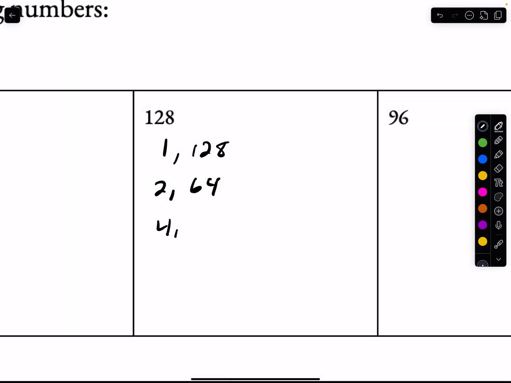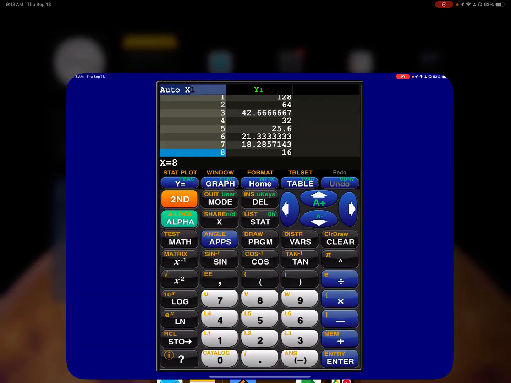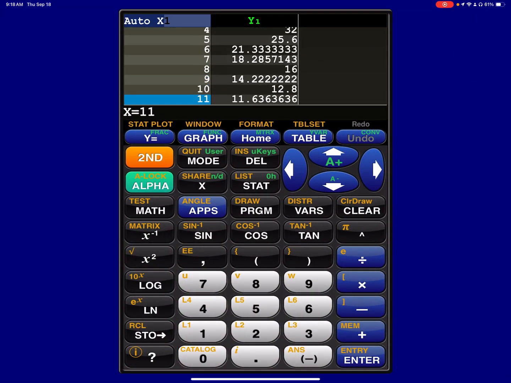Let's see if we have any more. No, that's about it, 16 and 8. You see it repeats, and you know that you're done right there.